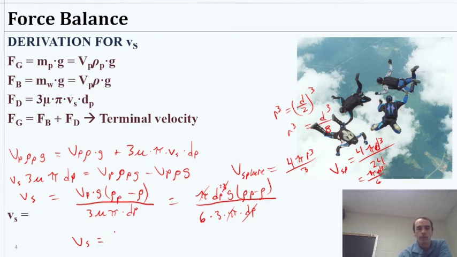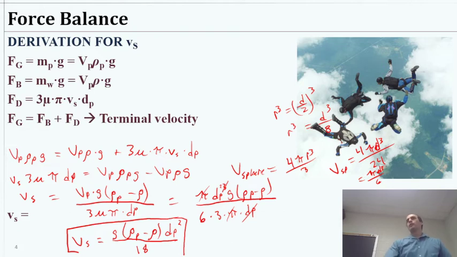I'll just write it out how the book has it. It'll be force of gravity times that difference in density times dp squared, all that divided by 18. Okay? And that's possible because we assumed we had a perfect sphere for particles.